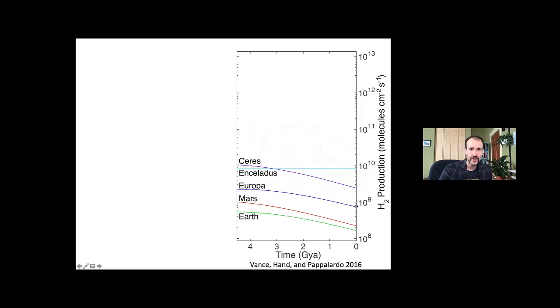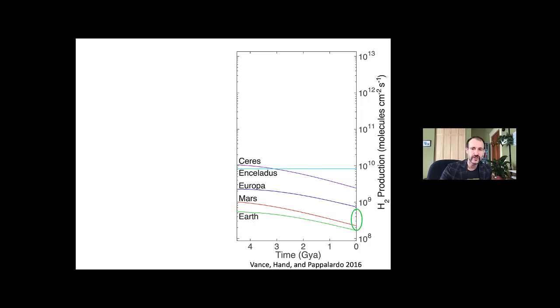And I'll just note that for Enceladus, we have a flat line here because Enceladus is so small, it's predicted that the interior would have always been fractured. That's to some extent consistent with inferences of Enceladus's internal density from the Cassini mission, which seemed to require that Enceladus has a very porous interior.